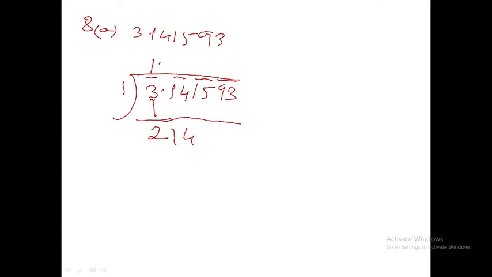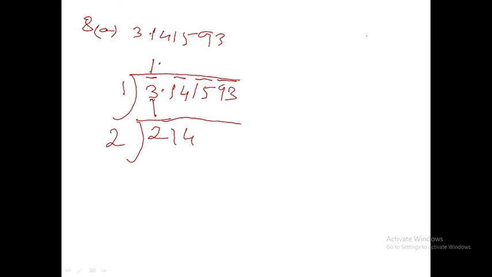Now our new divisor will be 2 times of 1, that is 2. Now one more digit should be there. What should be that digit? If I put here 6, that will be less than 214. If I put 7 here, let me multiply, I am showing here.